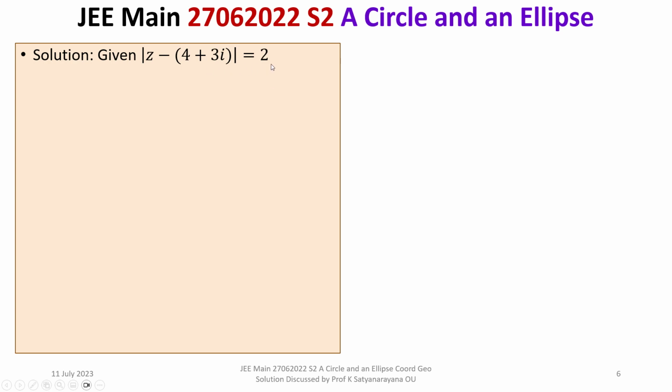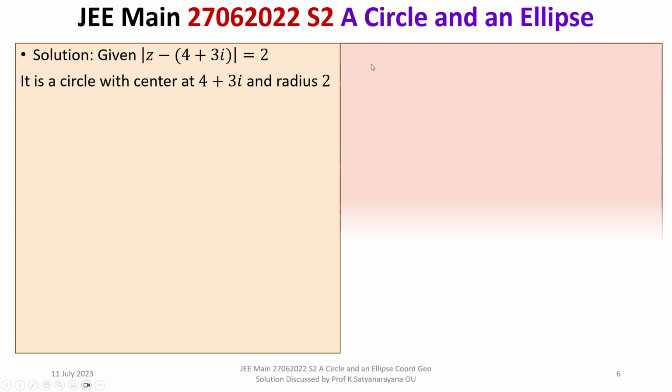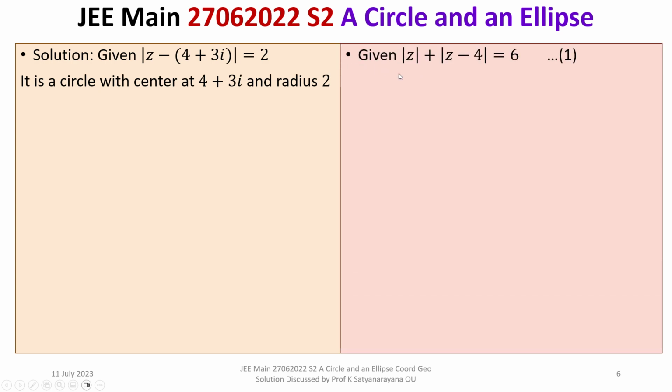So this represents a circle with the center at 4 plus 3i in the complex plane and radius 2. We are also given the curve mod z plus mod of z minus 4 is equal to 6. Let's call this equation 1.